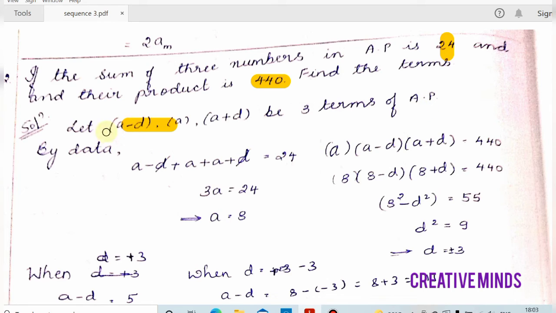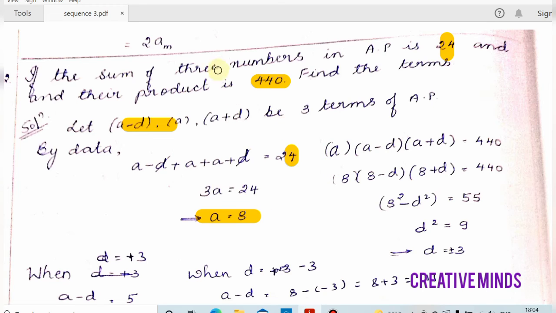They gave that the sum of the three numbers is 24, that is A minus D plus A plus A plus D is equal to 24. So D cancels, we get 3A. So 3A is equal to 24, A is equal to 8.